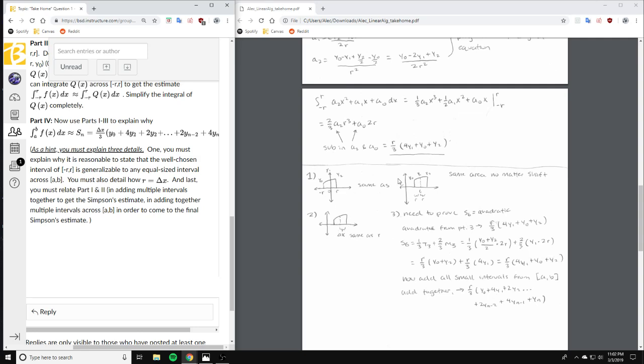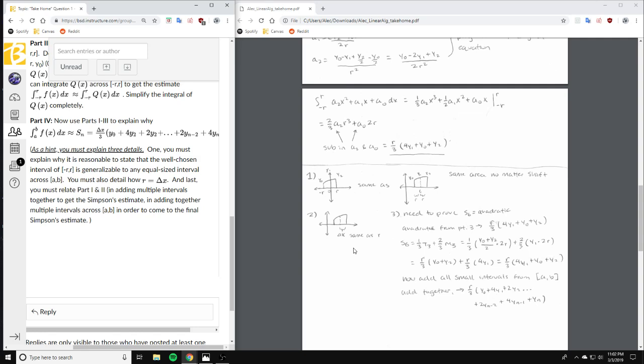So if we have y0, y1, and y2, we would do y0, if we were doing the left side or something. Anyways, the base would always be r, and the delta x would be r. So you can see that in this picture, delta x and r are interchangeable.